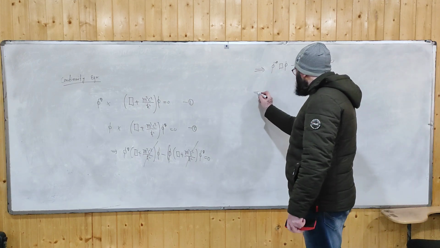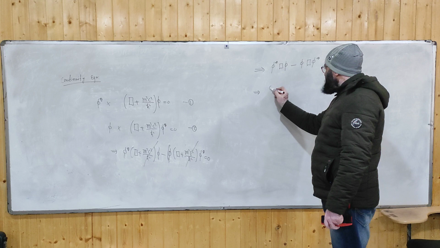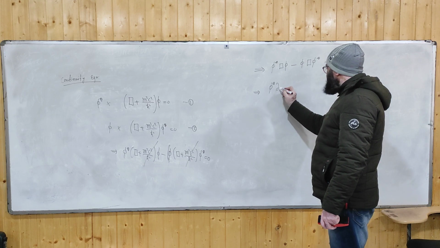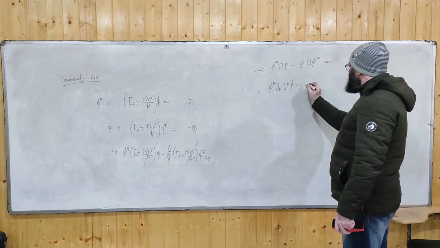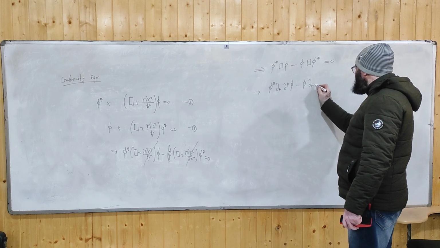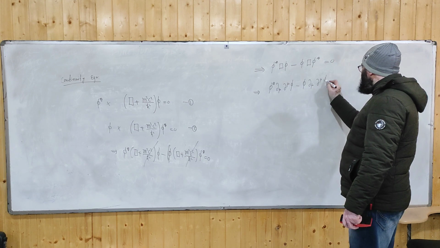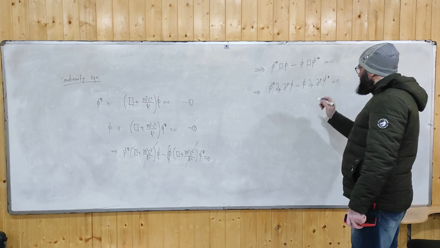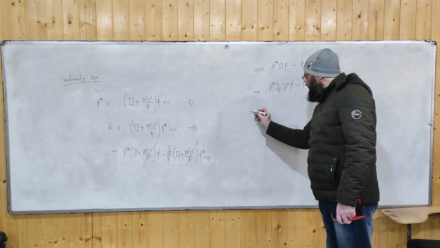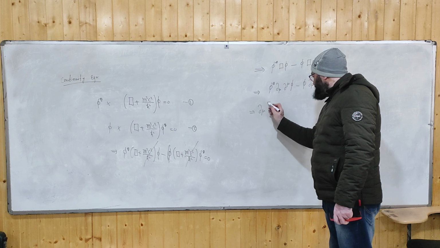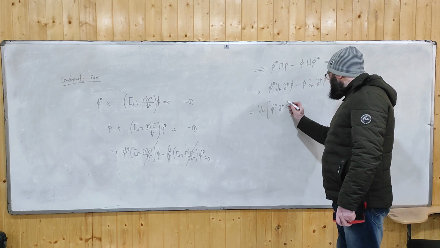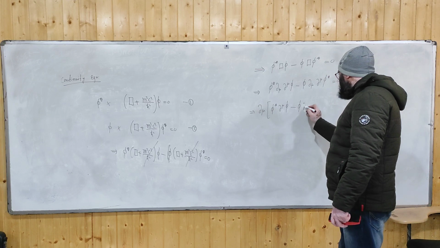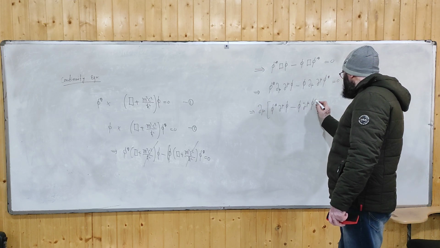Now let's do this a bit. It is phi star partial mu partial mu phi minus phi partial mu partial mu phi star.